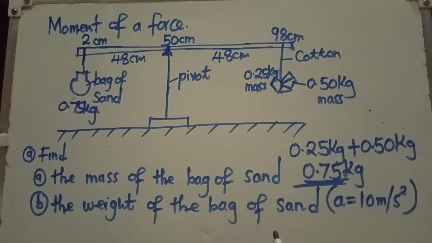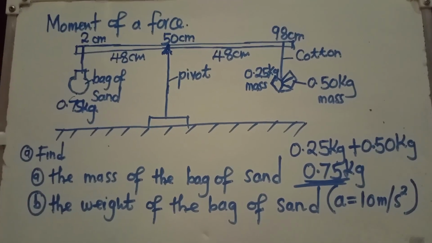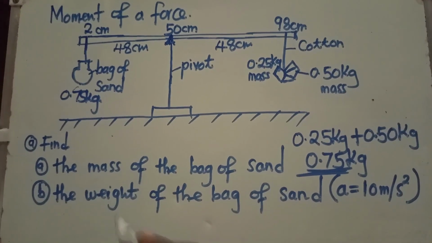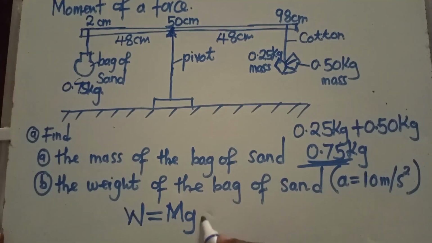We now go to the last question that is here: the weight of the bag of sand. By definition, we know that weight is given by the formula mass times gravity. So weight is the pull of gravity on an object.